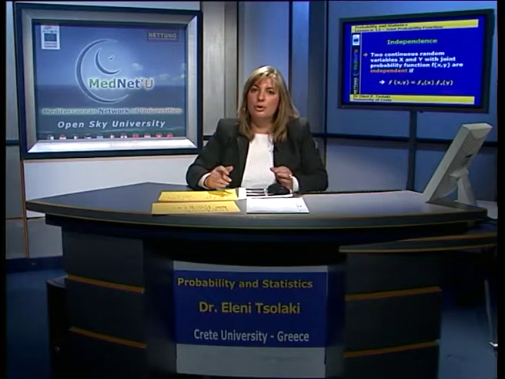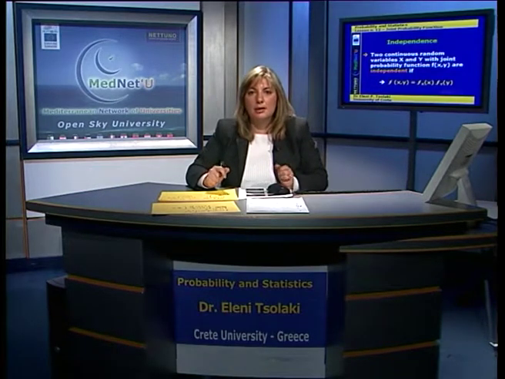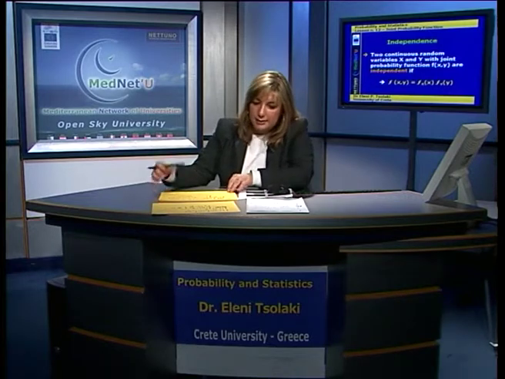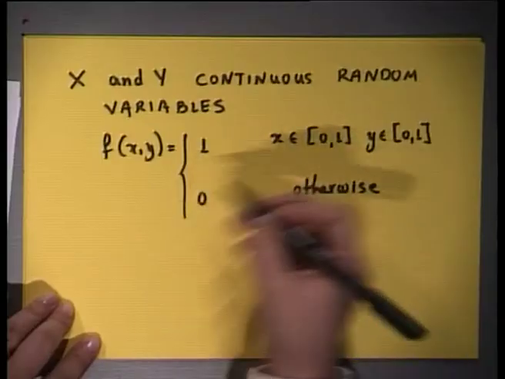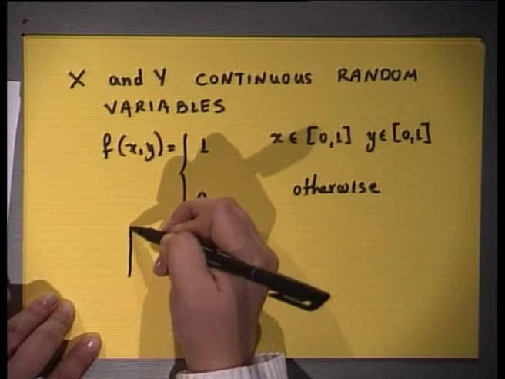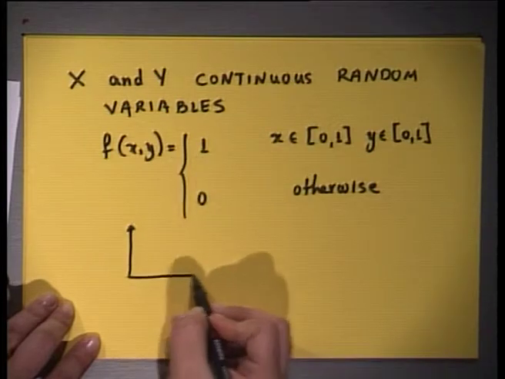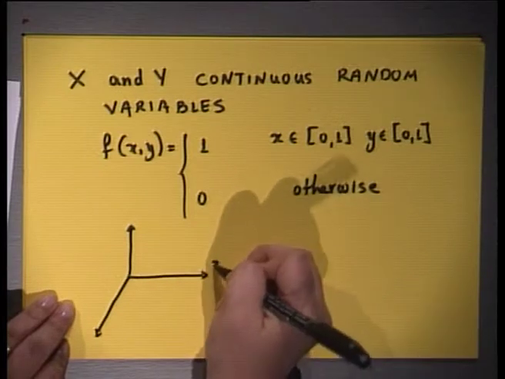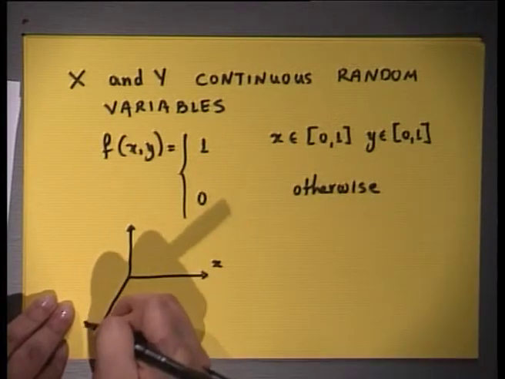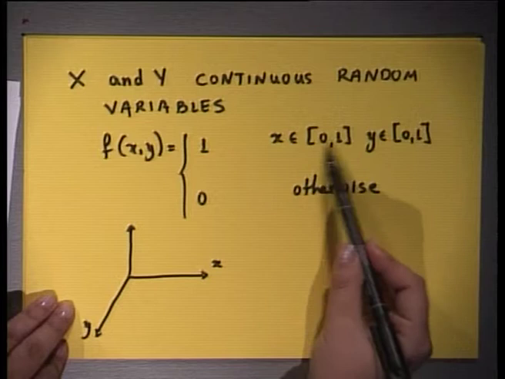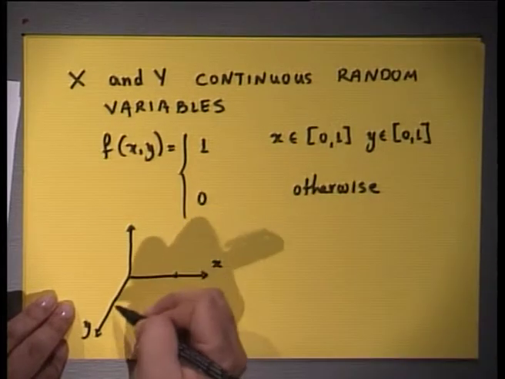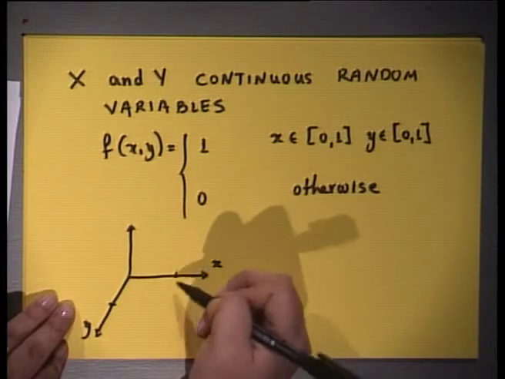We are going to draw a graph to visualize the joint probability function. Here we take x on this axis, y on this. We have x from 0 to 1, y from 0 to 1.